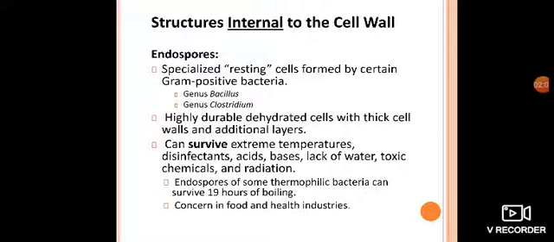Normal cells are easily metabolized, but endospores or different types of spores are not easily metabolized. Then they do not have a role in reproduction. As we know, if they are not metabolized, they will not be part of the reproduction process.